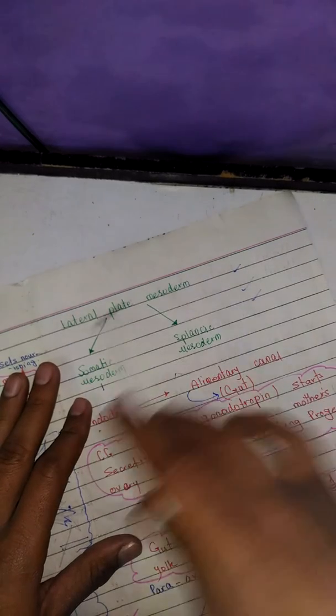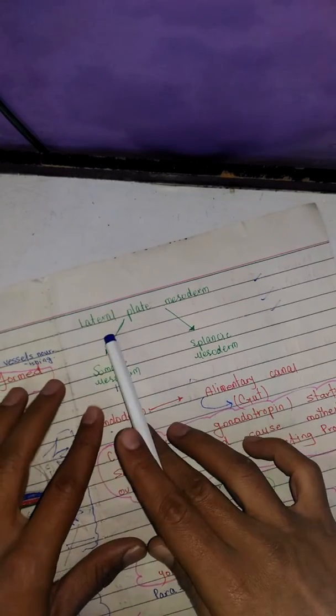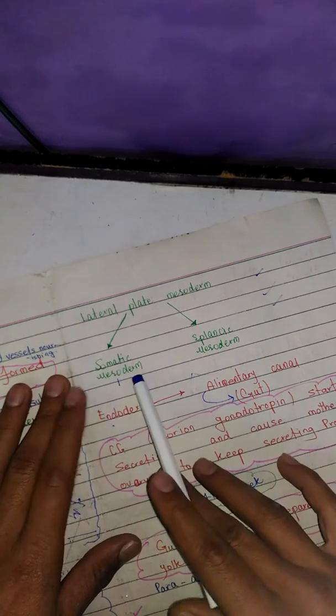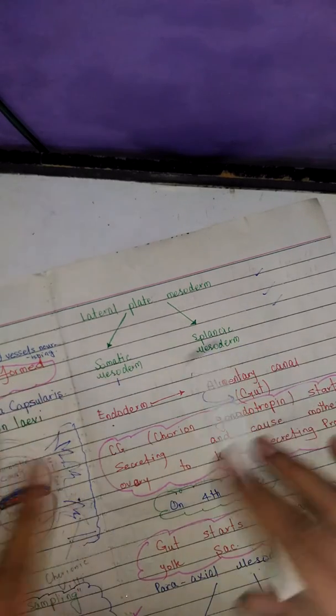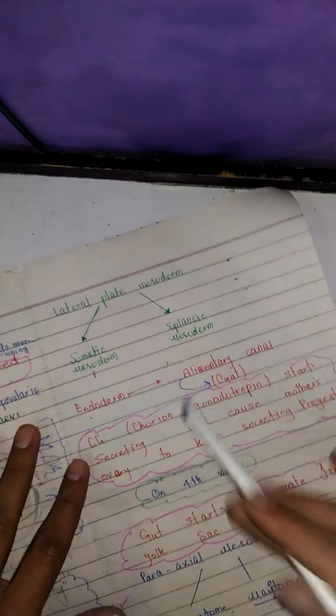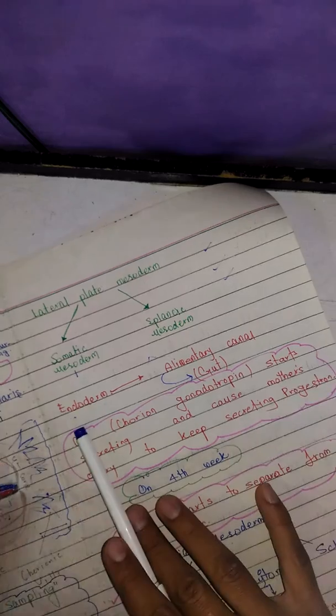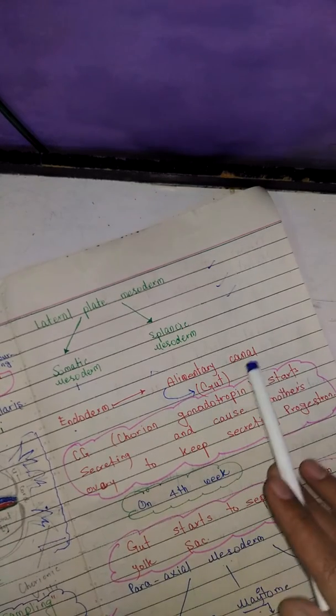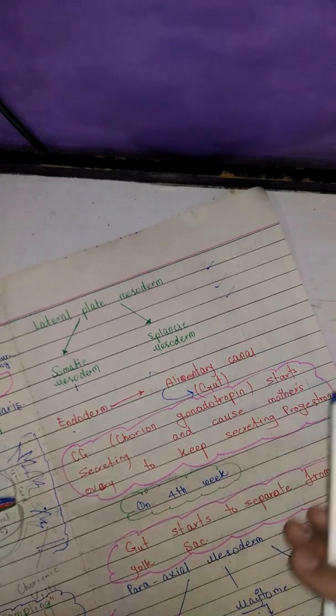Later in the development, not now, the lateral plate mesoderm will further subdivide into somatic mesoderm and splanchnic mesoderm. We will see what their function is, but I just wanted to mention that in third week, the endoderm will start forming alimentary canal, your gut, digestive tract.